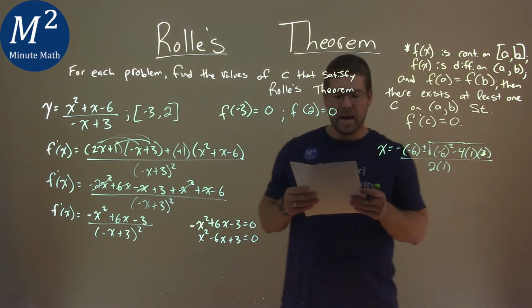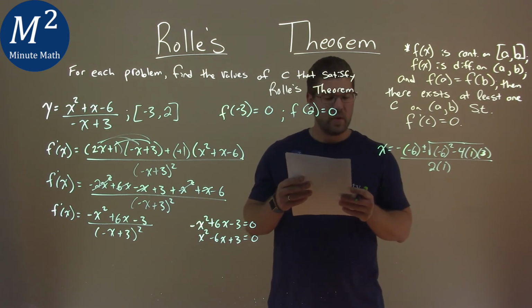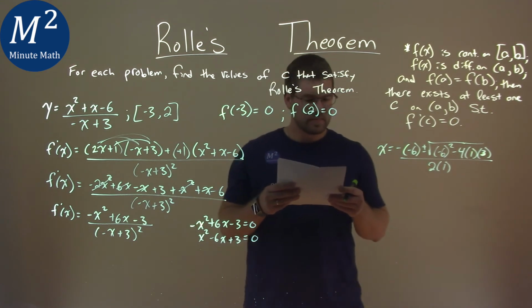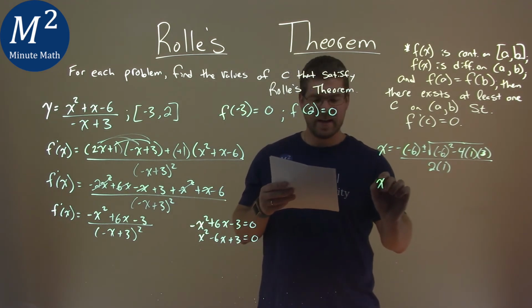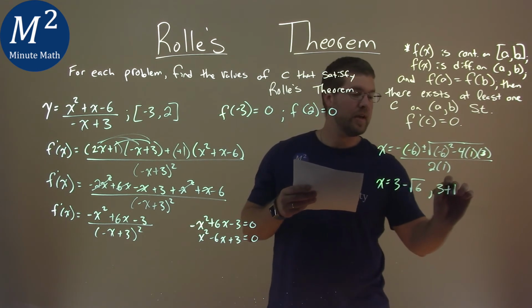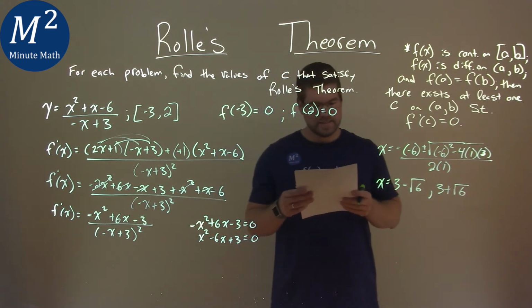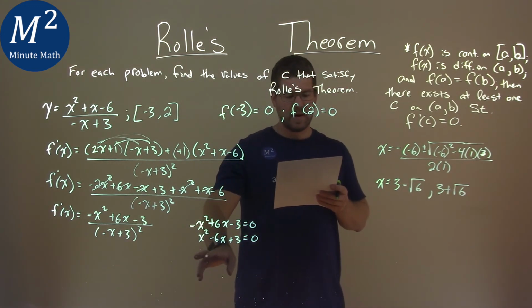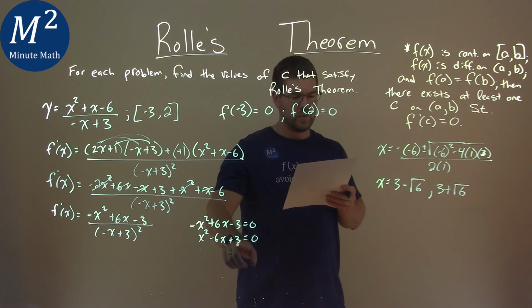Now, I simplified this whole thing for you, and we have x equals 3 minus square root of 6, and 3 plus square root of 6. Just making sure I have all my steps here correctly. It's a positive 3. We're good there.